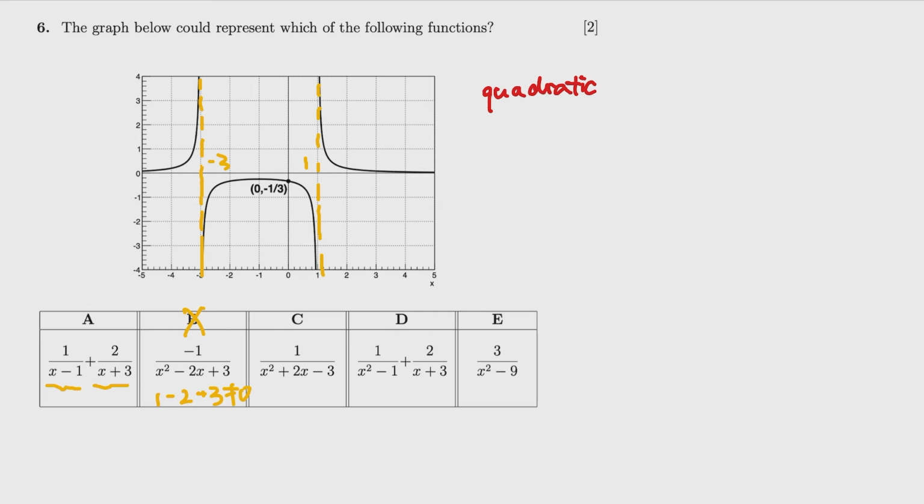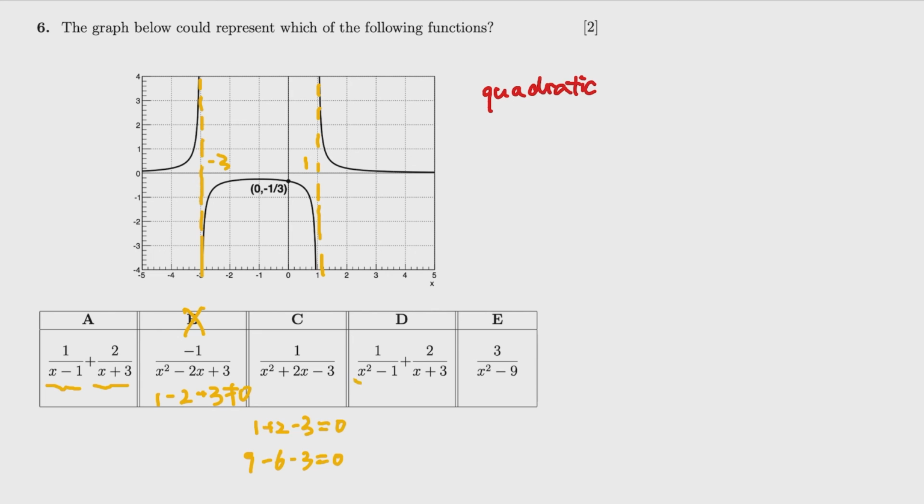Option C. If we put x equals 1 into the denominator, we will have 1 plus 2 minus 3 equals 0. And if we put x equals minus 3 into the denominator, we will have 9 minus 6 minus 3 equals 0. So C could be the answer.